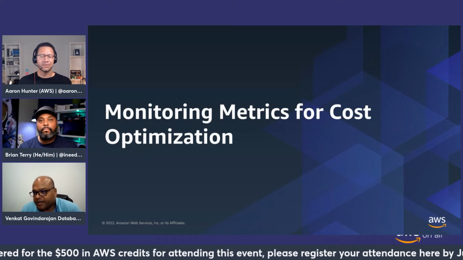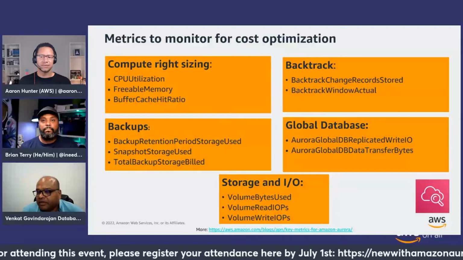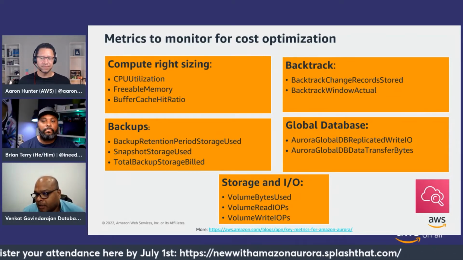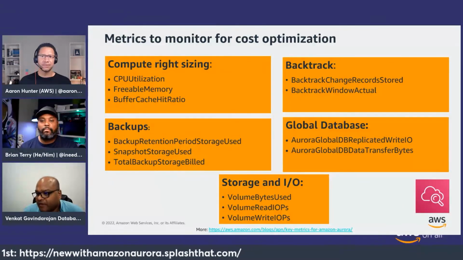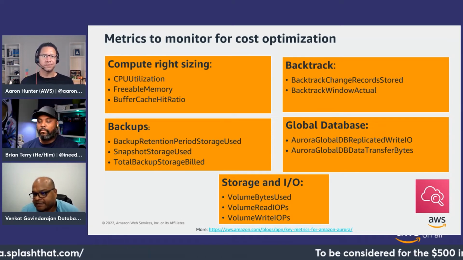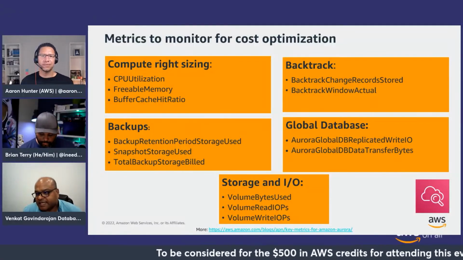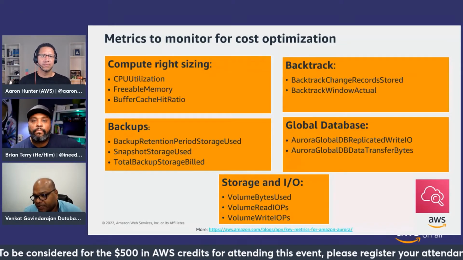Going on to the next slide, we talk about some of the metric principles we have on our CloudWatch monitors. For example, we have the five boxes laid out here. These are the five different categories I covered in the previous section: compute right-sizing, Backtrack, backups, global databases, and storage and IO.